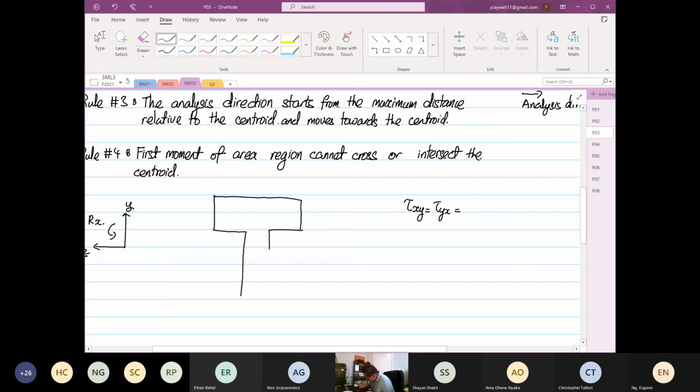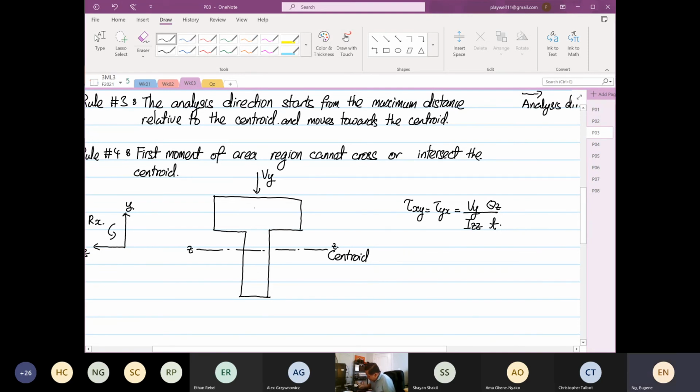Right. This is our cross-sectional area, and this is our Vy. So we know that this is equal to Vy over Izz, Qz multiplied by T. This is our centroid, ZZ.